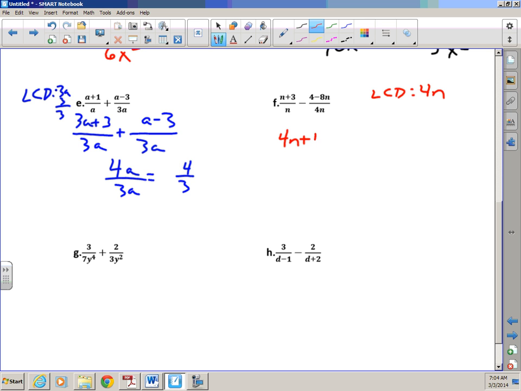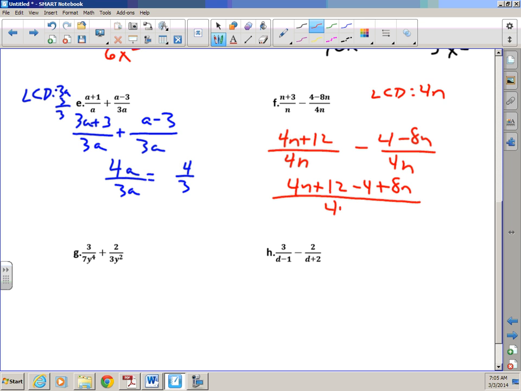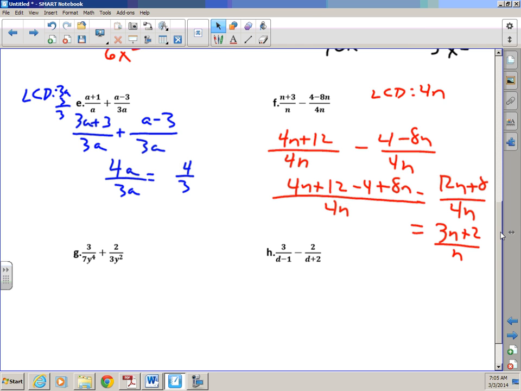So I get 4n plus 12 over 4n minus 4 minus 8n over 4n. That gives me 4n plus 12 minus 4 plus 8n over 4n, which is 12n plus 8 over 4n. All of them are divisible by 4, so I get 3n plus 2 over n. Okay.